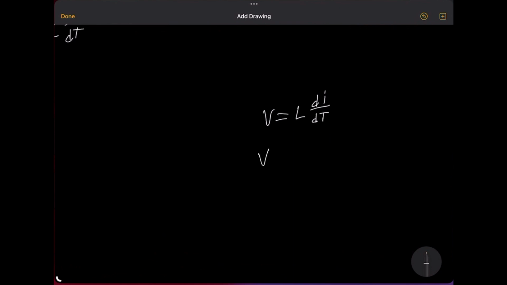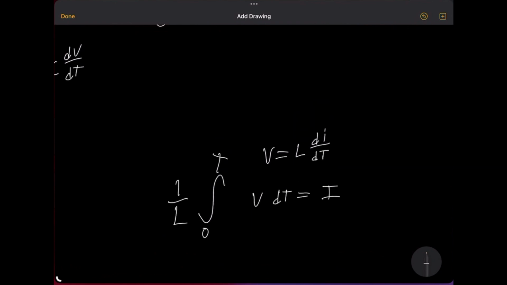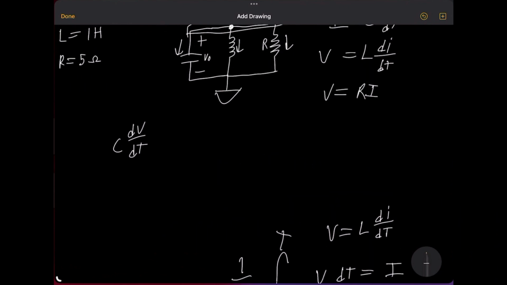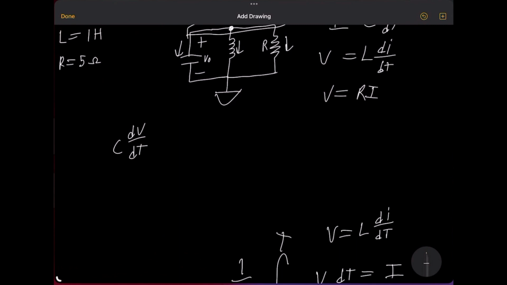We're going to have V over L. Actually, no, we're going to do 1 over L times V. And then we're going to integrate both sides. So it's going to be the integral from 0 to t of V dt. Let's pull L as a constant. So that is what I is going to be for an inductor. But we're not going to put that in there yet. We're going to fix that.